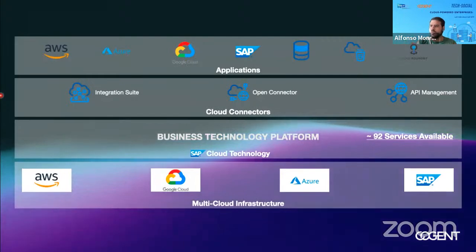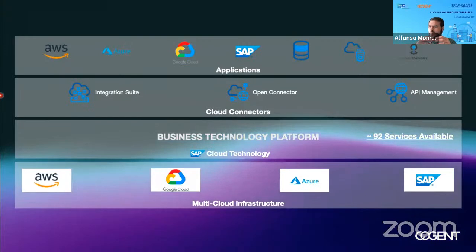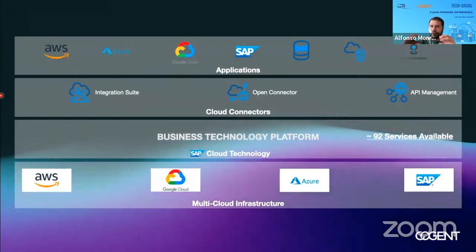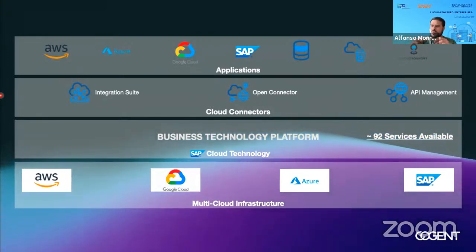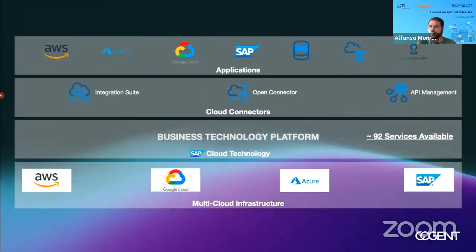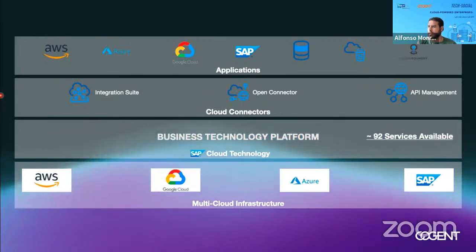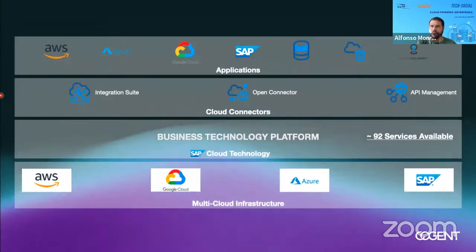Then in this layer, we have connectors and integration services, and we can create or integrate pretty nice solutions using all the existing cloud providers, in-house applications, and SAP solutions, and we can build nice solutions for enterprises using BTP.